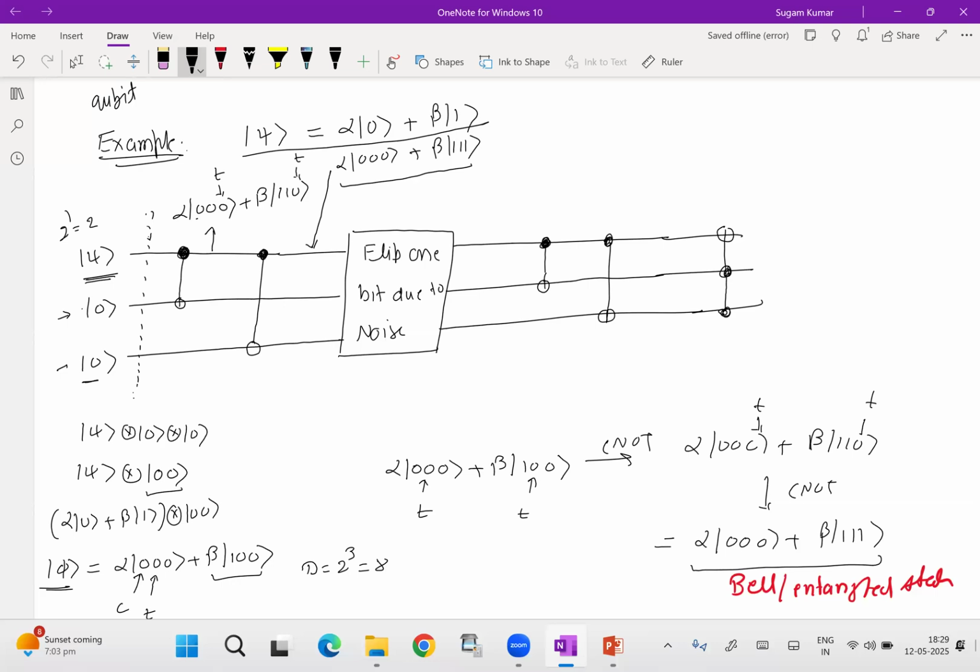And that's why you can see that the process of entanglement is so important. Everywhere you need it. You have to create entanglement between these qubits. And physically, how do we entangle two states? Do you remember in the last class, I explained this concept in the ion trap, correct?